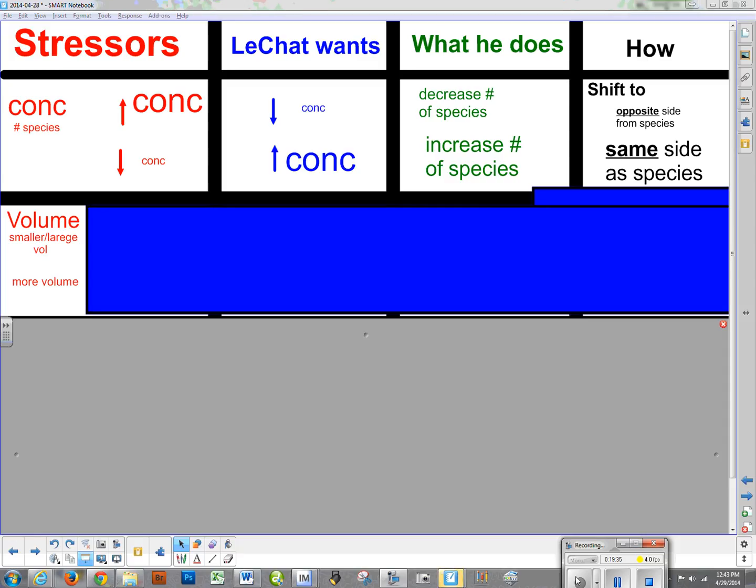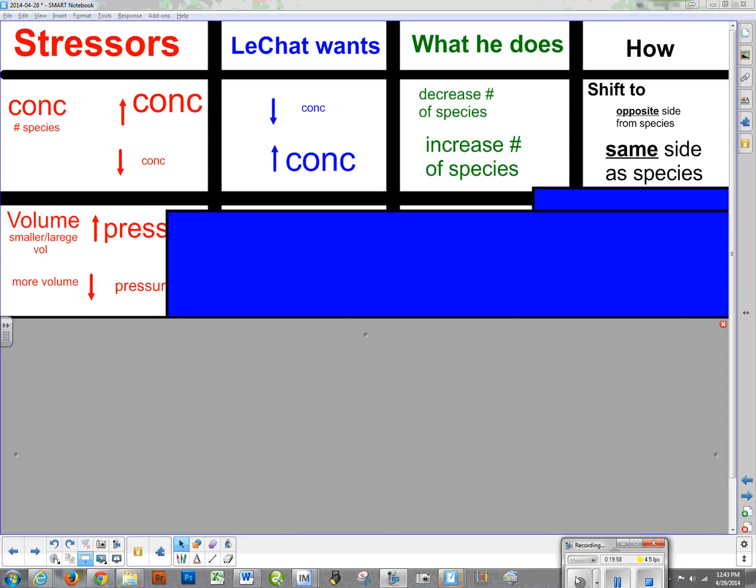Volume. When we change as a stressor the size of a vessel, we're going to change the pressure. And so we're going to treat this as a pressure change. But when the volume gets smaller or larger, the pressure will also get smaller or larger.